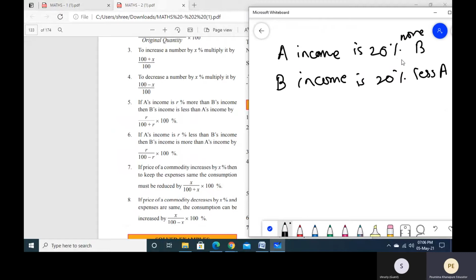If it is 20% more and 20% less, that doesn't mean that both are equal.